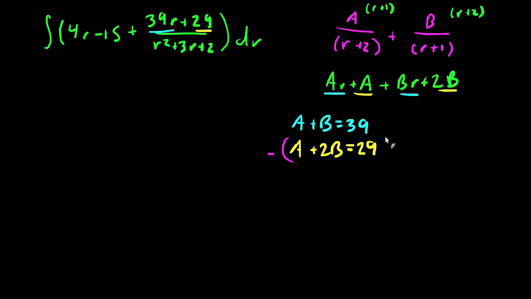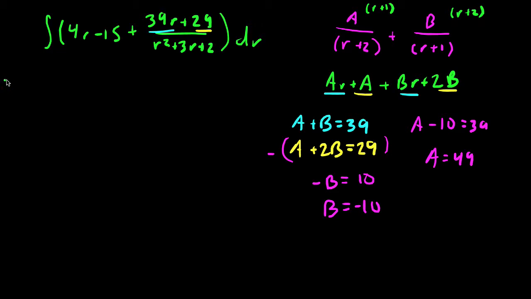Subtract the two because those will cancel. I will get negative b equals 10. So b is equal to negative 10. And now substitute back in. I'll substitute in the first one. A minus 10 equals 39. So a equals 49.